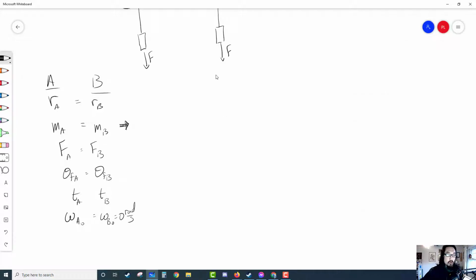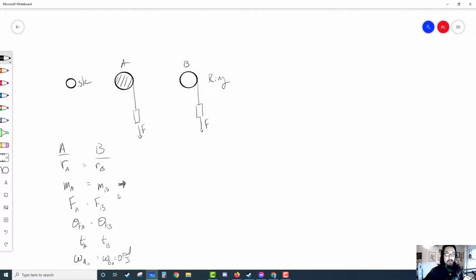All right, so let's go back to this mass idea here. This is one of those fundamental concepts that you needed in order to solve this problem: even though A and B have the same mass, the mass for B is concentrated on the outside edge. The part that's actually rotating, the furthest most point, is the part we want to focus on because that's where the force is being acted on.